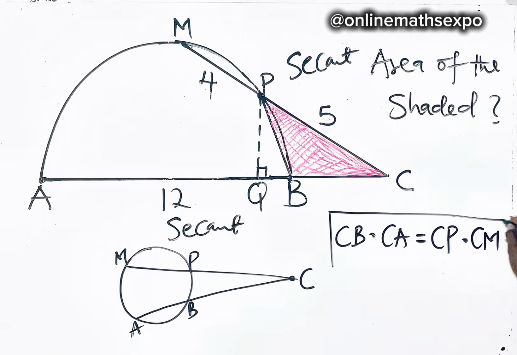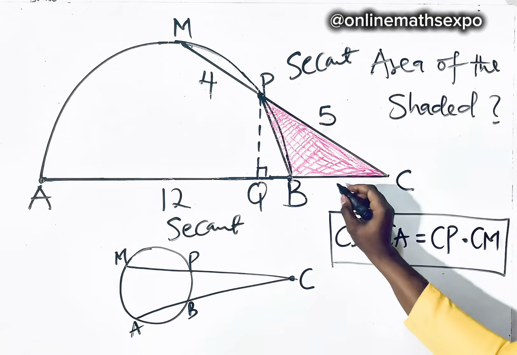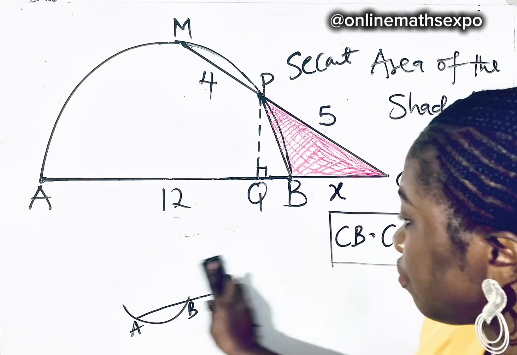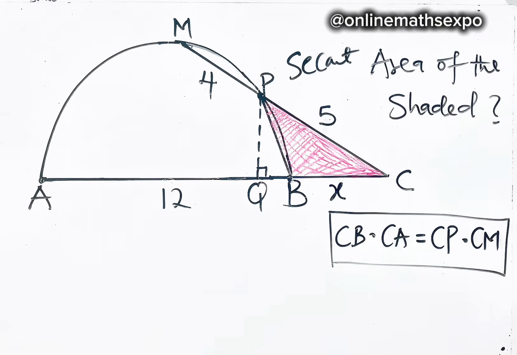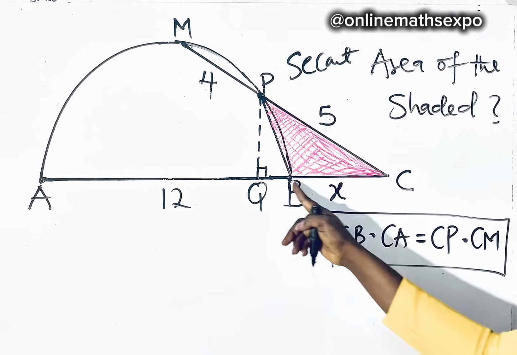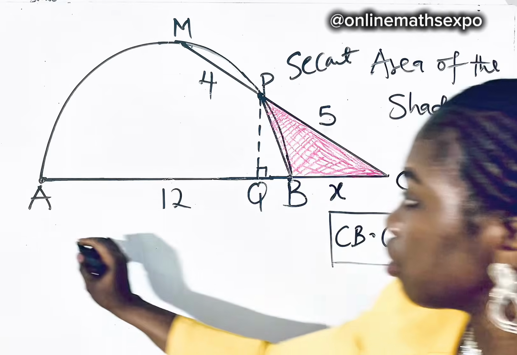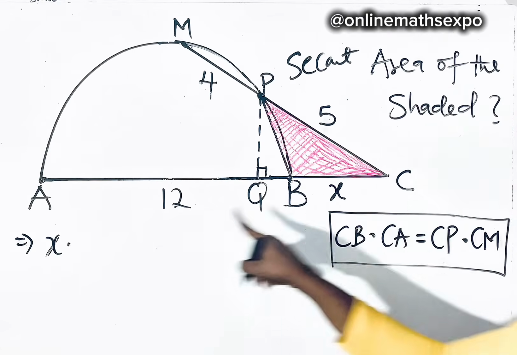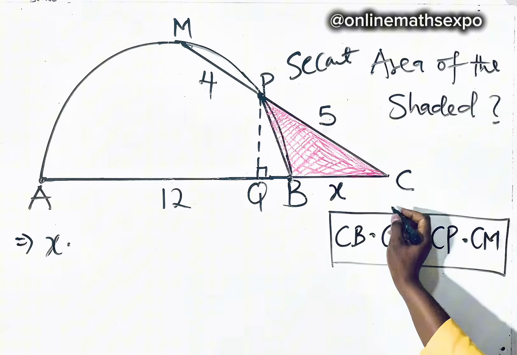Now, let's see how this theorem helps us in answering this question. We can say that length BC, let's label it X. Obeying this theorem, we are going to have length CB, which is X, multiplied by length CA, which is the whole length.